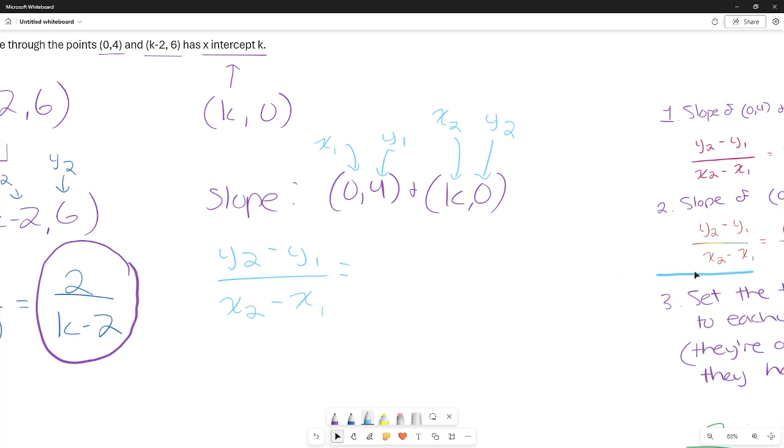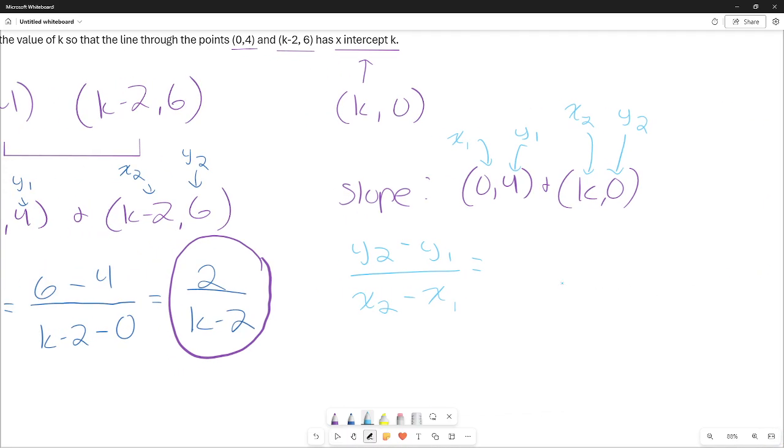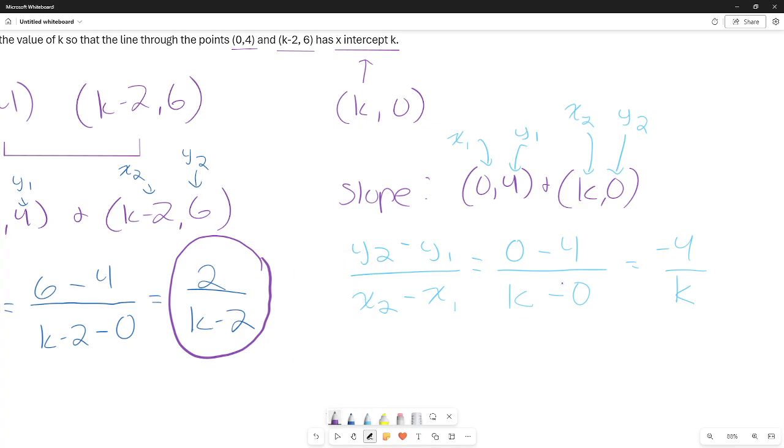We'll have y2, which is 0, minus y1, which is 4, over x2, which is k, minus x1, which is 0. Let's simplify that. 0 minus 4 is negative 4, and k minus 0 is k. So the slope between these 2 points, (0, 4) and (k, 0), is going to be negative 4 over k.